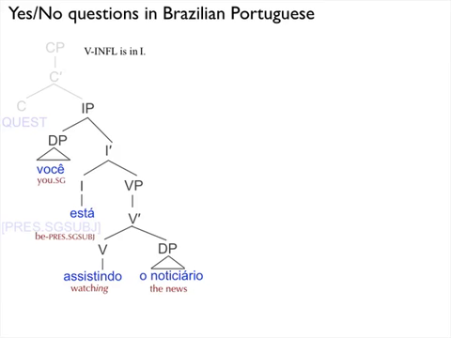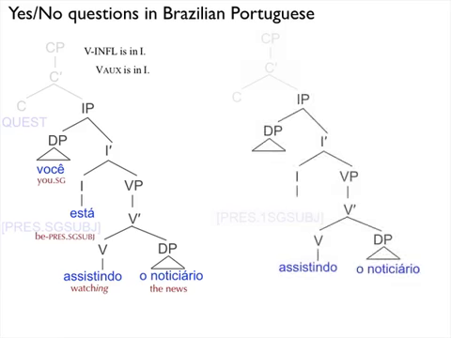Again, here I'm saying let's just start it out in I, but it might be that it actually moves there. So we have the auxiliary verb in I, and we have the subject. In order to do a tag question, we put the subject in the pronominal form, so eu, I, and then we put estou.